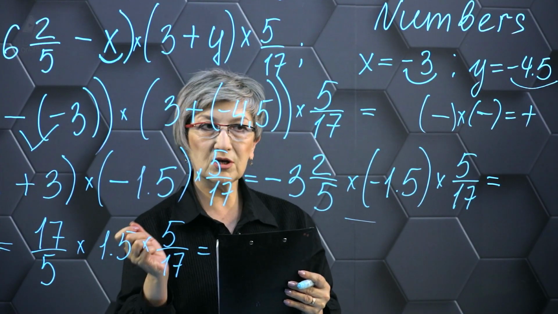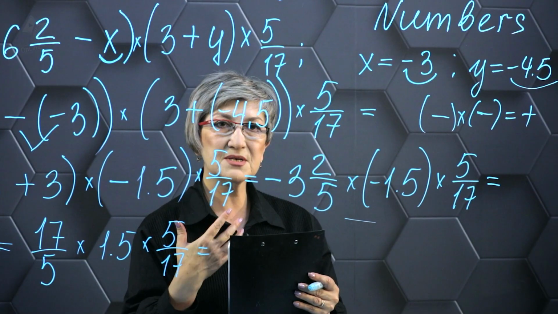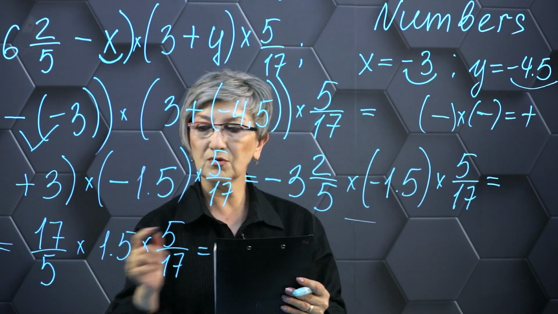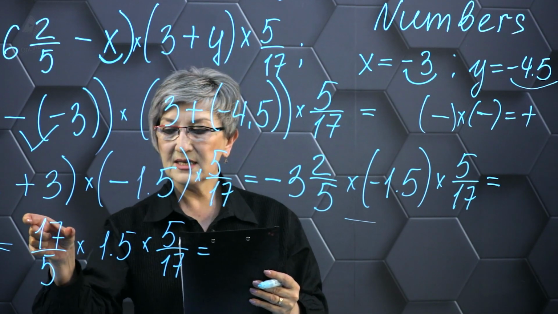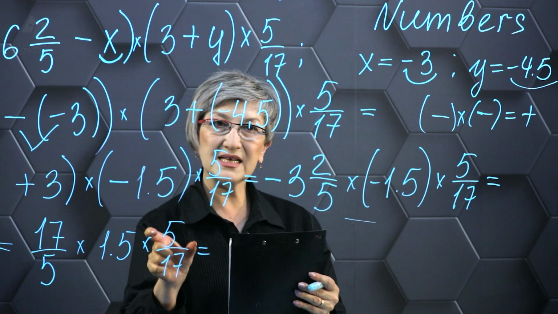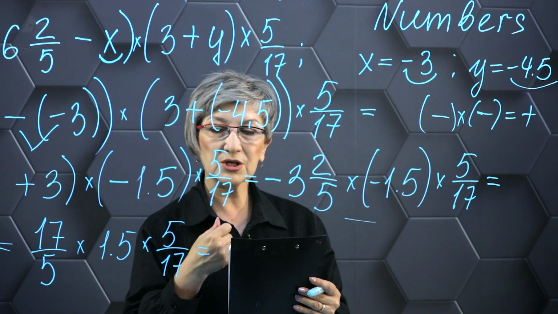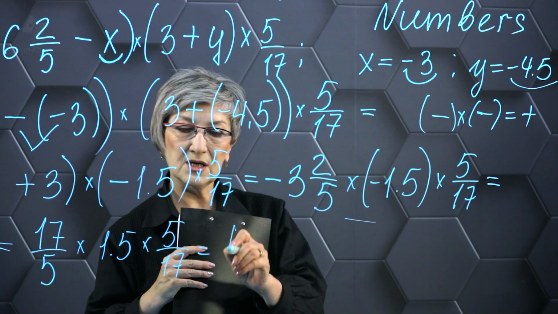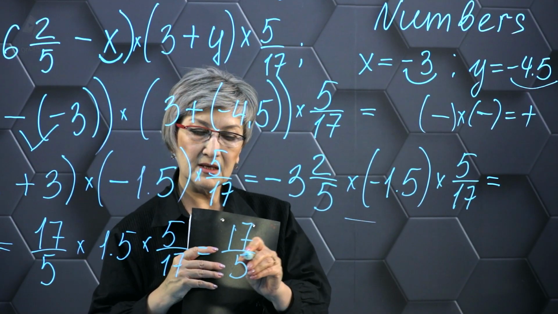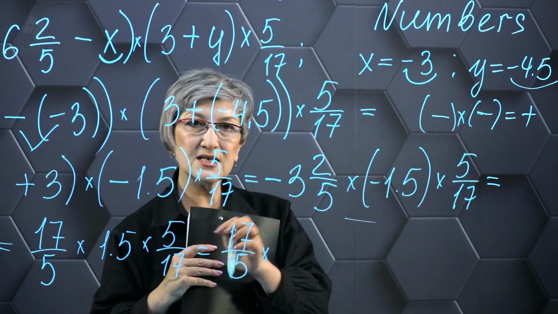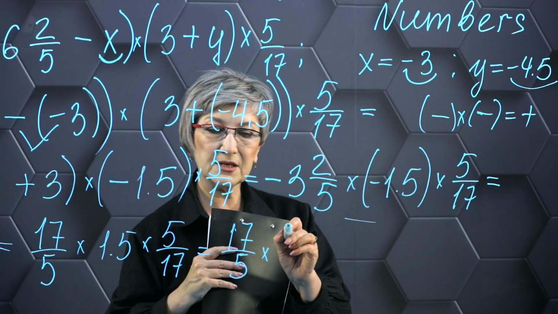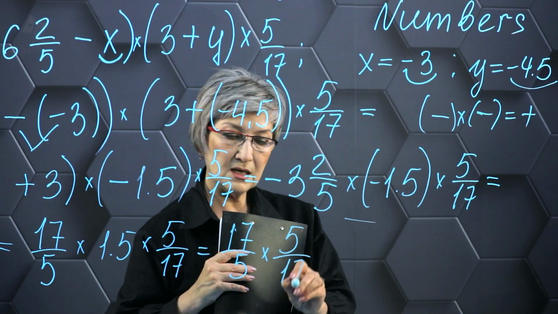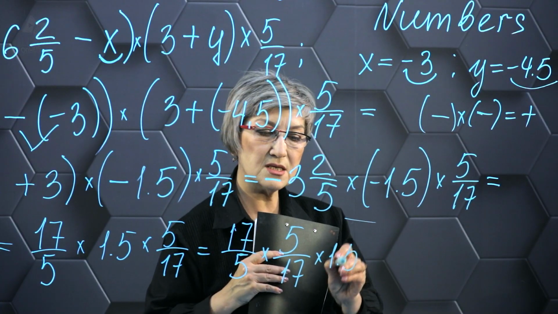You can see that I did not write the number 1 whole 5/10 as an ordinary fraction. Why not? Because I see that I can multiply the two multipliers, 17/5 and 5/17. Applying the commutative property, I move our multiplier, 17/5 times 5/17, and multiplied by 1.5.